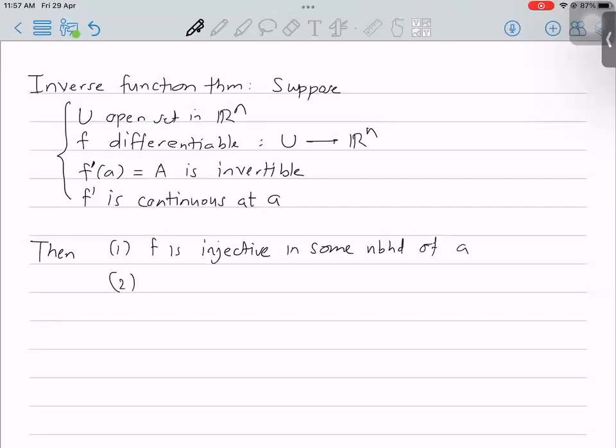Look at the function, for example, y equals x squared. If you look at any point other than the point 0, then the derivative of this function is going to be non-zero. As a result, it is going to be an invertible map from R^1 to R^1.